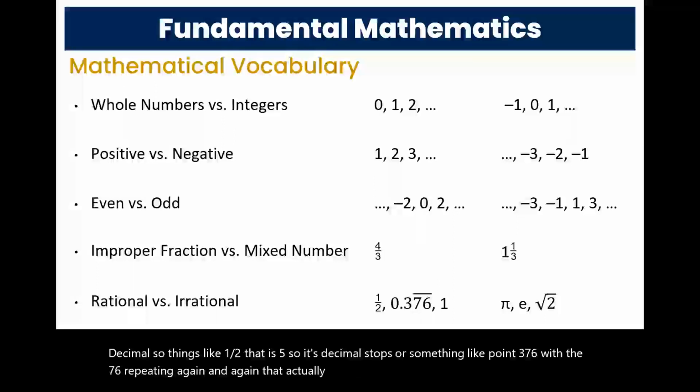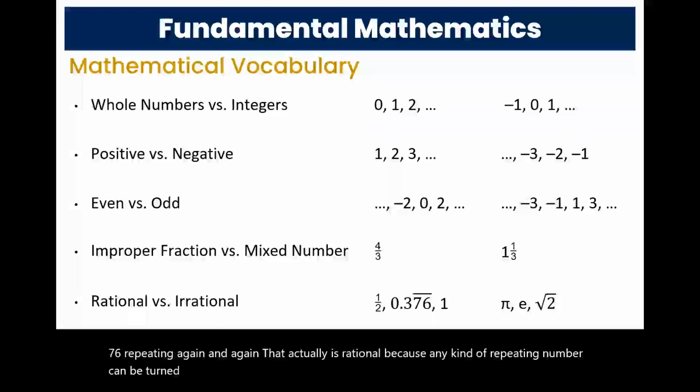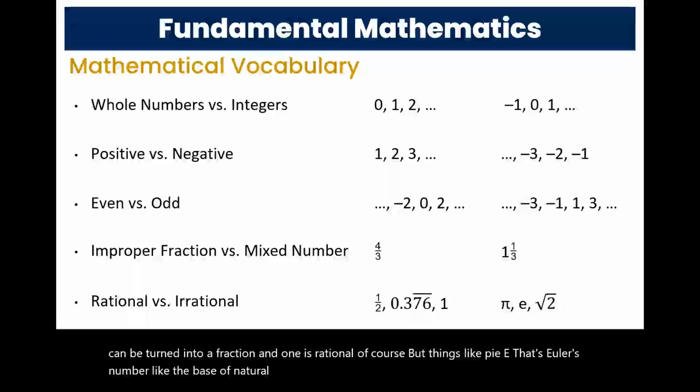rational because any kind of repeating number can be turned into a fraction. And 1 is rational, of course, but things like pi, e, that's Euler's number, like the base of natural log, and then √2 or √3, those are irrational numbers.